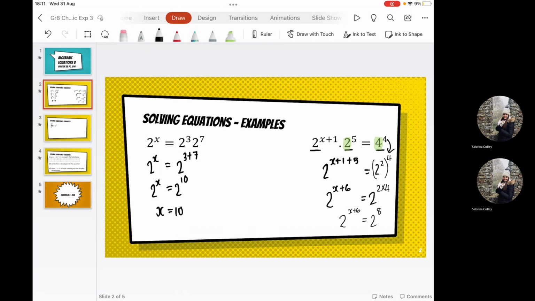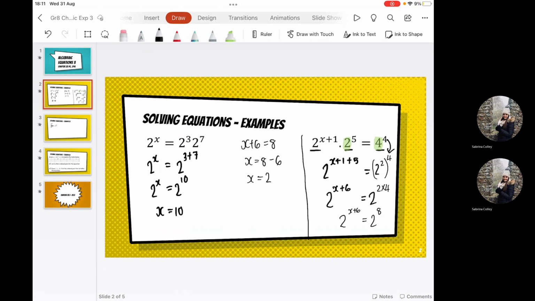Now, my bases are the same on both sides, so I can drop my base and just work with my exponents. So x plus 6 is equal to 8, because I know my bases are the same. I take that 6 to the other side, and I get x is equal to 2. Okay, feel free to pause if you need.